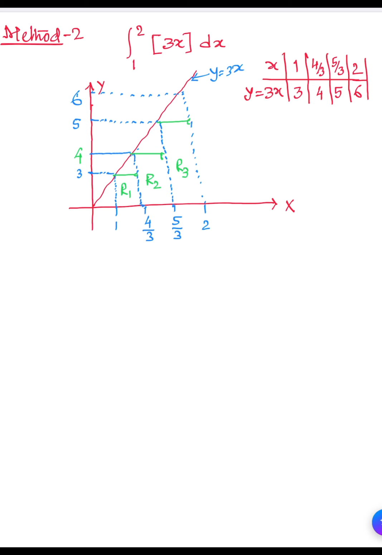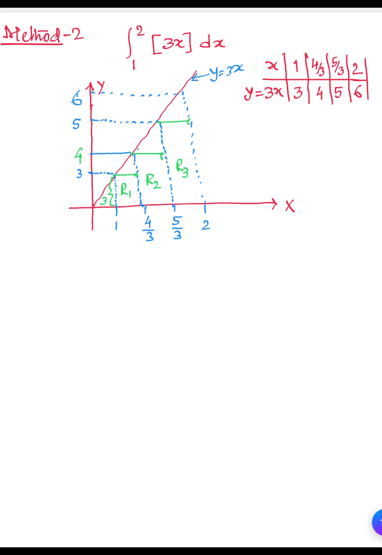For rectangle 1, the length is 3. For rectangle 2, the length is 4. For rectangle 3, the length is 5.